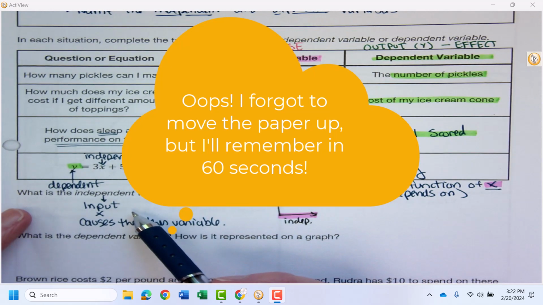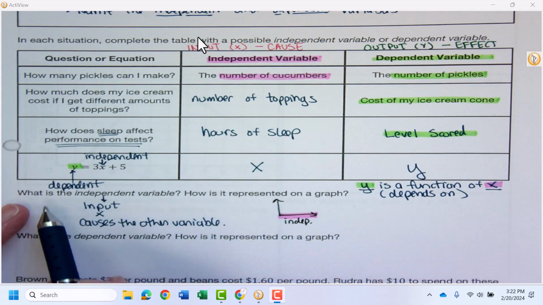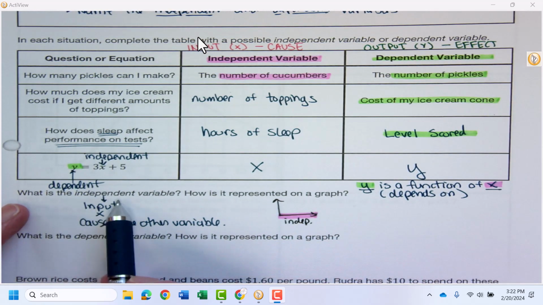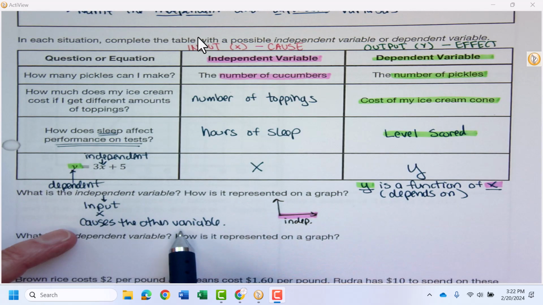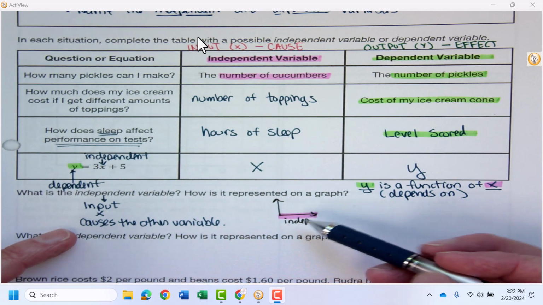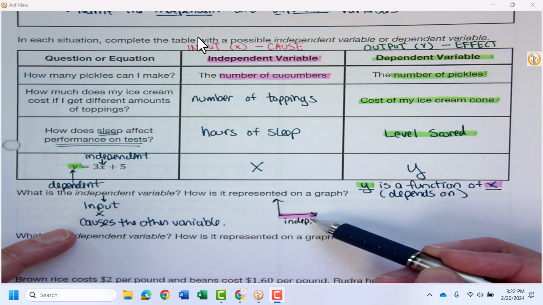So let's answer these questions one more time. You might want to pause the video and put all this in. But the independent variable is the input, or x. It causes the other variable to happen. And how is it represented on a graph? It's this horizontal axis. Sorry about that.